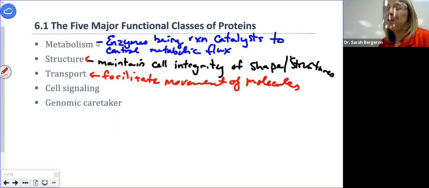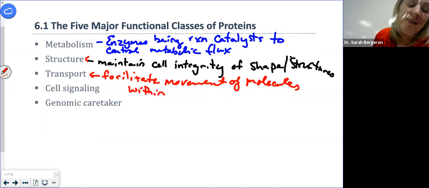If you make something in one compartment and you need it on the other side of the cell, you have to have something that's going to ferry it. Like how do vesicles get from one point to another? Well, something's got to actually move it, which I have a really cool video of that, which I don't know that we'll get to today, but we will. So facilitate movement of molecules.